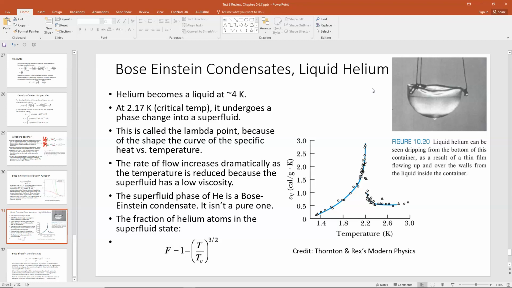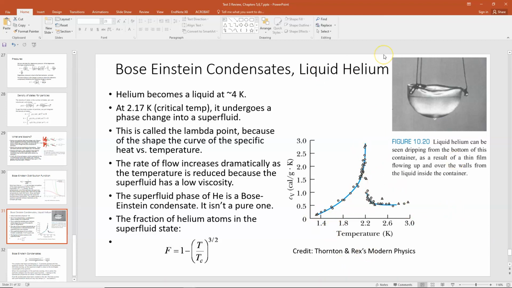They change phase to a Bose-Einstein condensate. This critical point, or critical temperature, is sometimes also called the lambda point or the condensation temperature. It's called the lambda point because the shape of the curve of the specific heat versus temperature looks like a lambda, and we derived that equation in class. We went over how that specific heat came about.